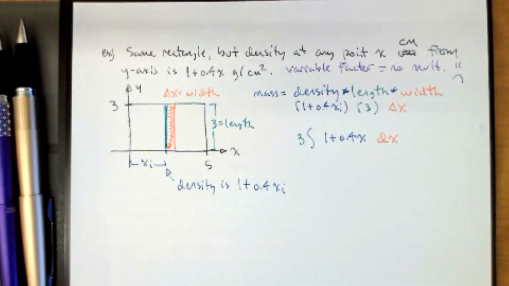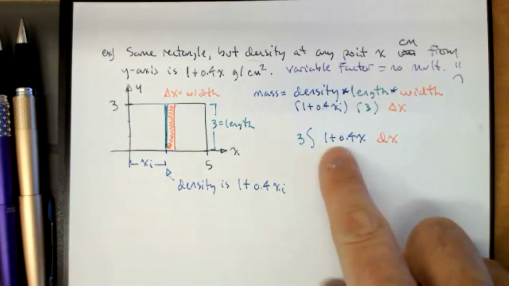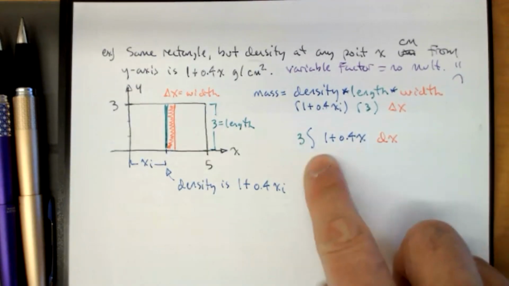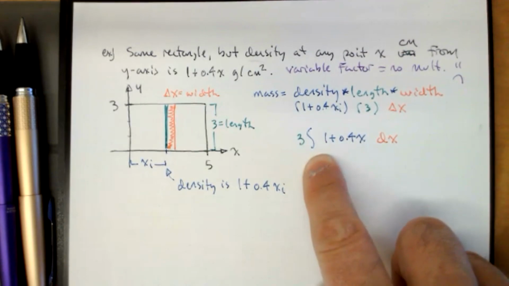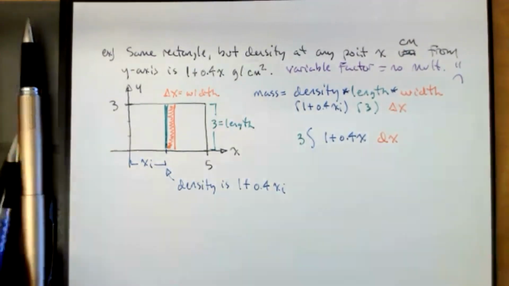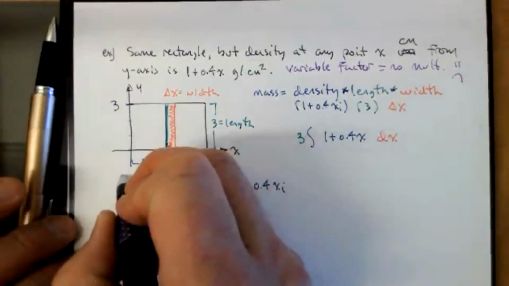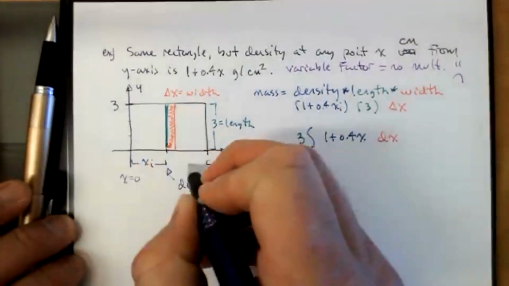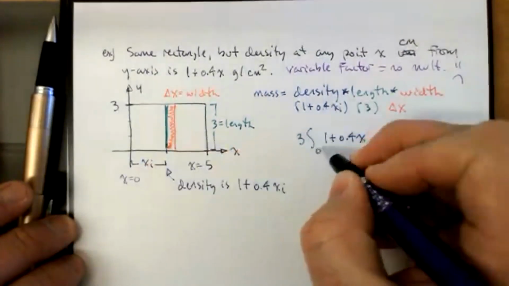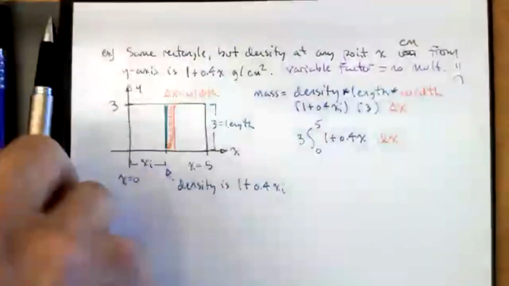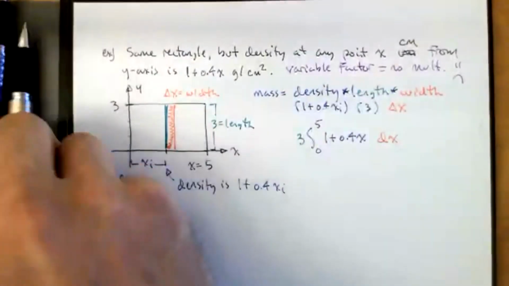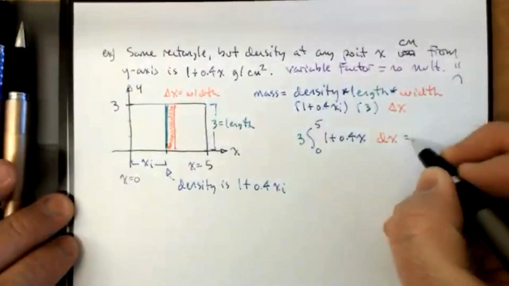And now instead of counting the number of rectangles, sum as i goes from 1 to n, we're plugging in all the x values. We're going to make this calculation at all the x values listed in the integral. And we'll start the x values at 0 and end at 5. So x equals 0 to x equals 5. And this will give us some number of grams.